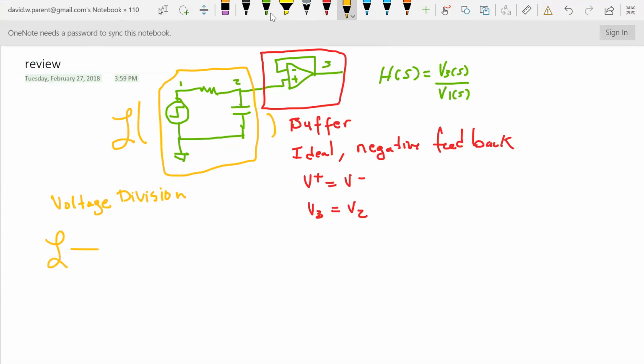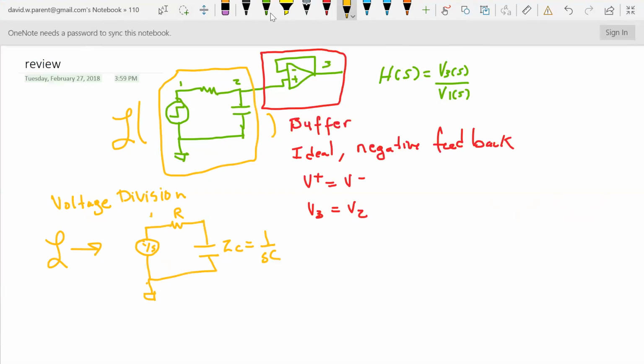So the Laplace transform of that circuit is going to be, now instead of this, which is like a time domain symbol, it's 1 over S, right? Because that's what a step function becomes. R is still R because pure resistances have no frequency dependence. And the capacitor, we use an impedance of 1 over SC.